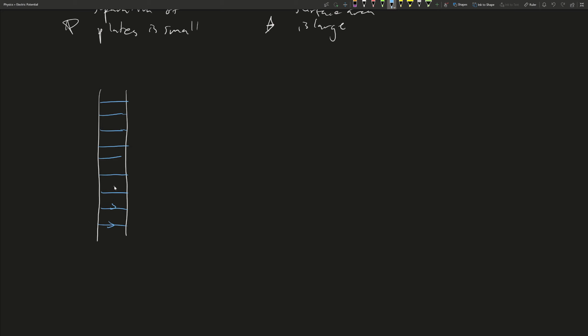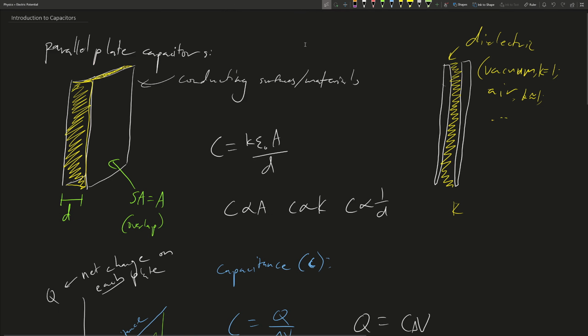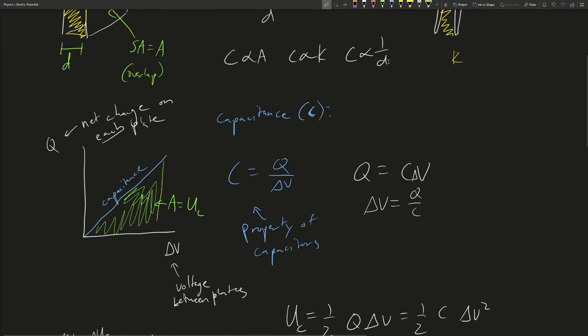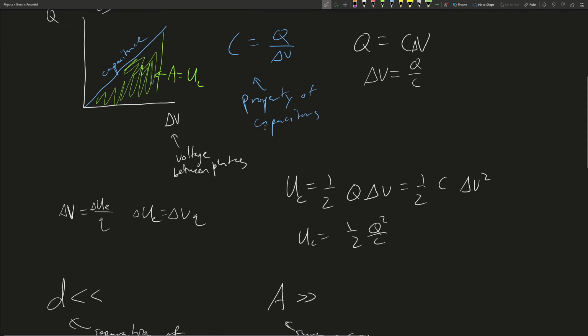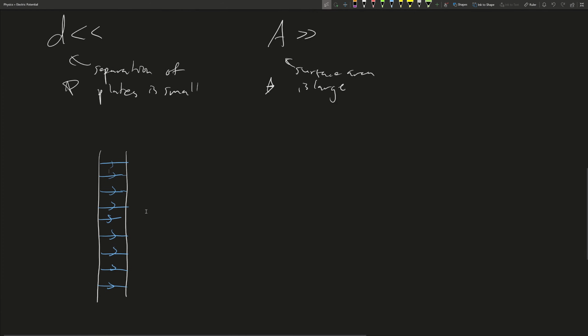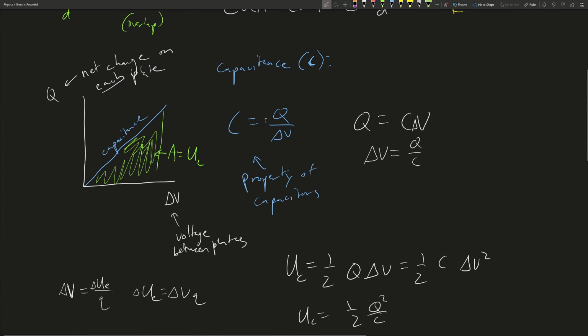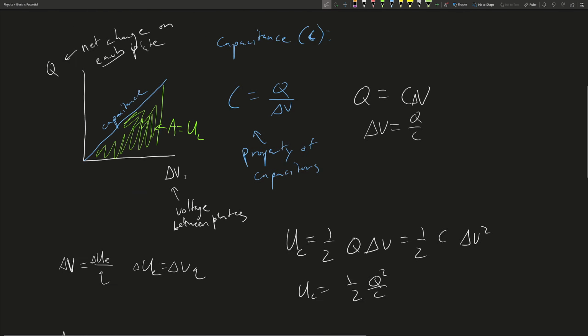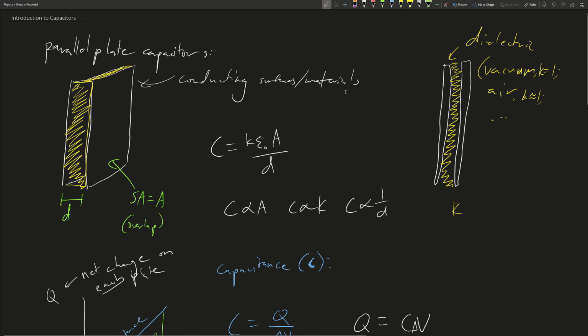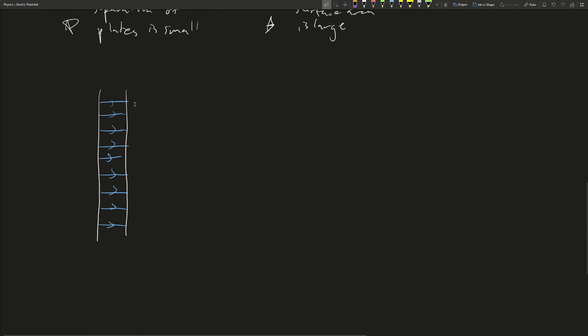So these are the conditions necessary to use the equations to calculate capacitance. And so this capacitance relation doesn't depend on the geometry of the capacitor. This holds for all geometries of capacitors, but specifically for parallel plate capacitors, in order for this equation to be true, we need to have a uniform field.